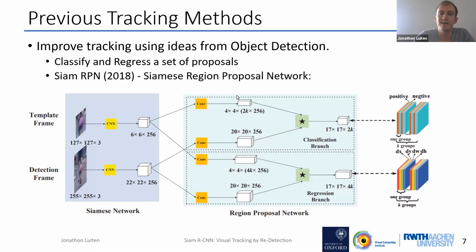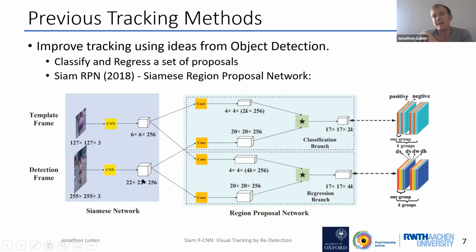In this case, they take a bunch of proposals and they have two heads of their network. One classifies each proposal as to whether or not it's likely to be the template object. The second one regresses an offset for that proposed box. In this diagram, similar to the last one, you have CNNs that encode both the template and the frame.